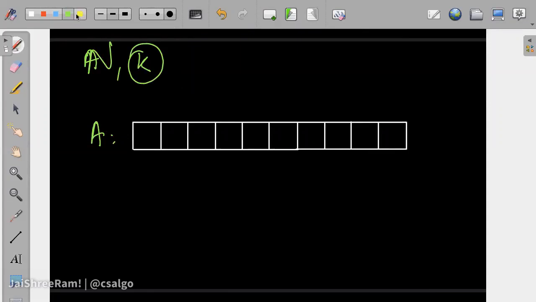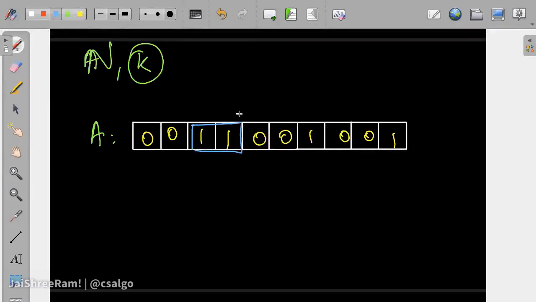So this array contains some zeros and ones. Now you can flip any k number of bits in this array. So this is like a bit array, so you can flip zeros to 1, and you can flip 1 to zeros if you want to. You have to flip less than or equal to k number of positions in this array, and after that the longest continuous chain of ones would be the answer.